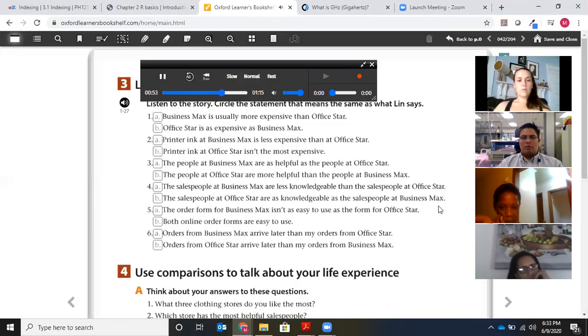The online order form for Business Max is as easy to use as the form for Office Star. Oh, and I almost forgot. When I order from Office Star, my orders arrive faster than my orders from Business Max. They arrive in 48 hours or less, or they're free.